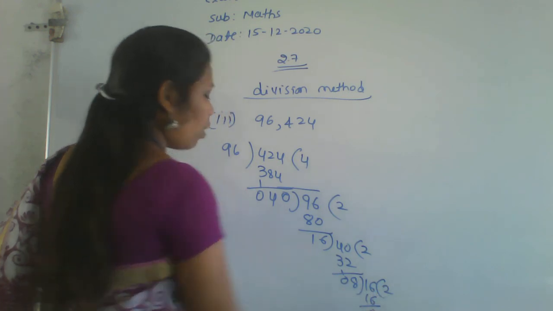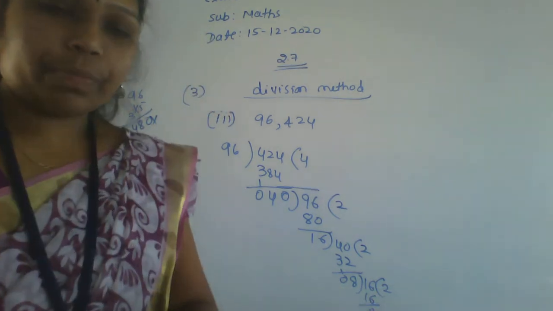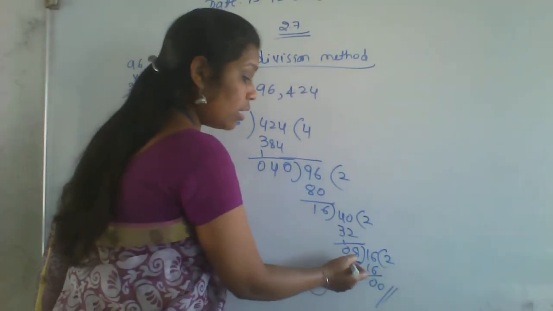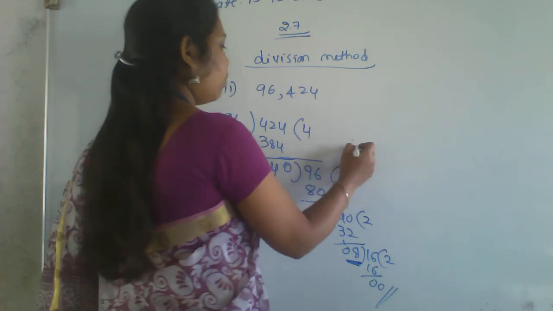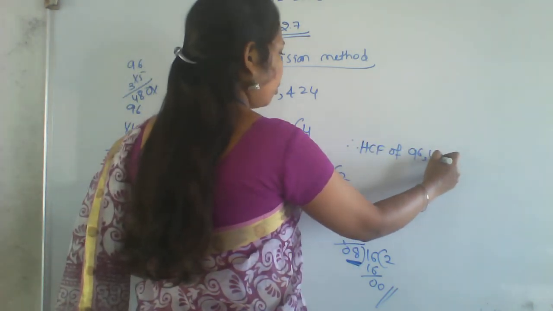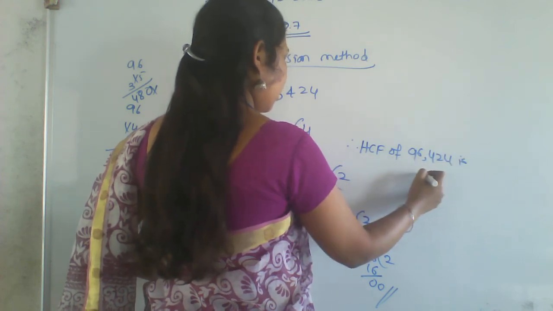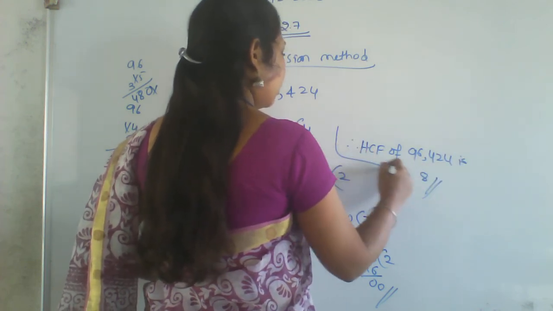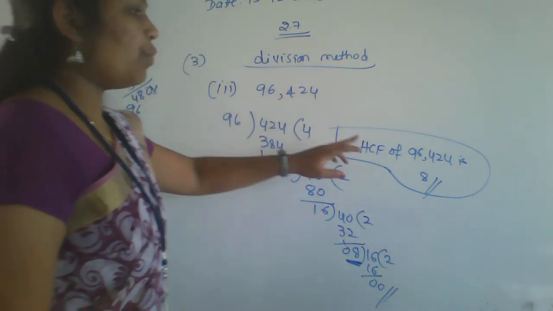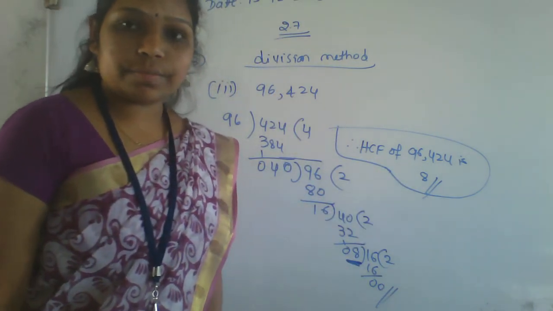The remainder we got is 0. What is the divisor here? 8. Therefore HCF of 96 and 424 is 8. This is the answer.